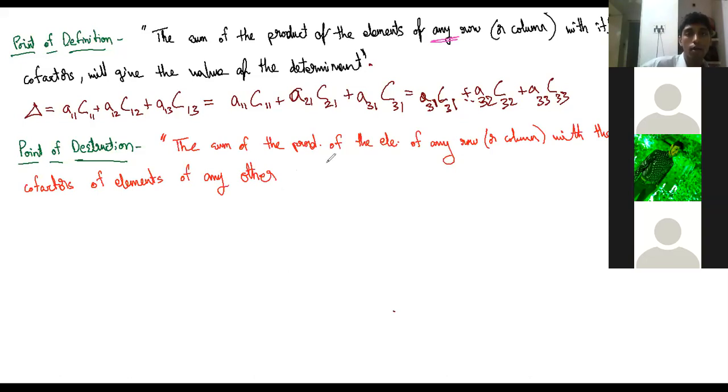Or if you're taking column, then column. Here's 0. So on doing this, you'll get the determinant value. On doing this, you'll get 0.